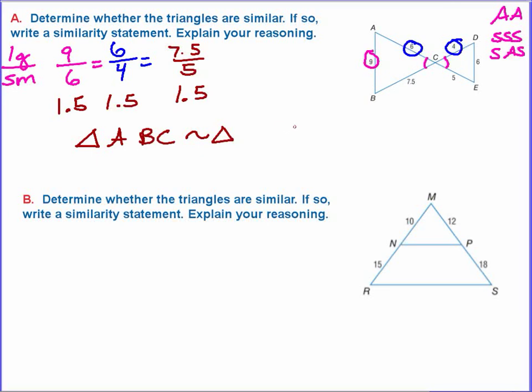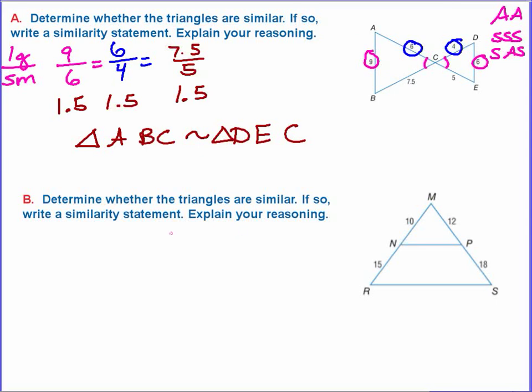Let's go ahead and put the C in the last spot. So A matched up with D, and B matched up with E. And how did I know that? Basically because, see the two sides I circled? One in pink and one in blue? The A was between it, and then the D was between the other one. So I figured it out as I went through and did these.